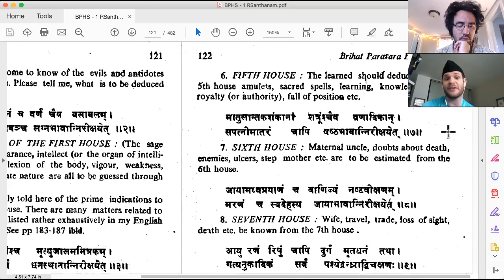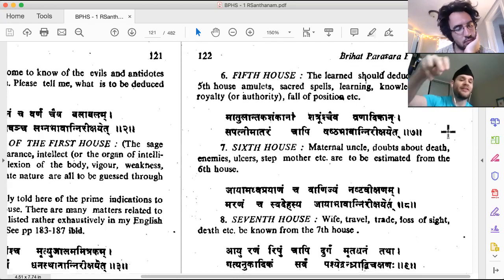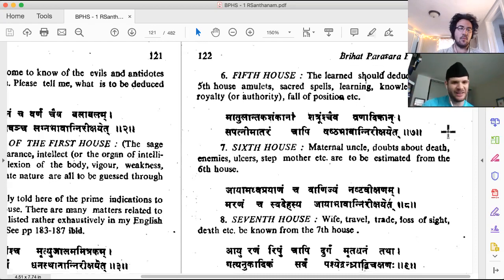This is why the fifth is a Trikona, and it's the first step towards that final goal in the ninth house, which is postdoctoral superior studies, and obviously religion and graduation and all that.